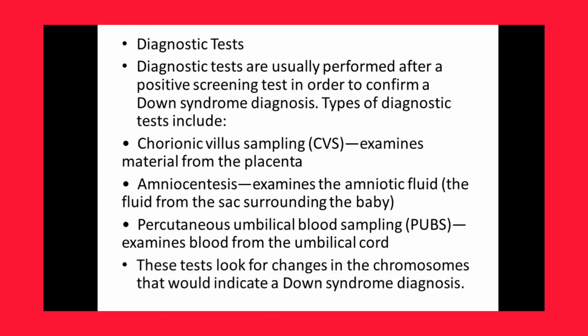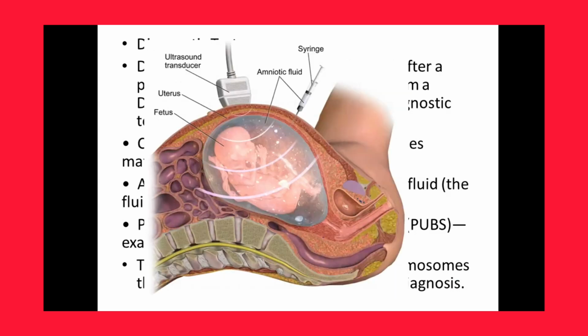These tests look for changes in the chromosomes that would indicate a Down syndrome diagnosis. This is the typical picture. The ultrasound transducer helps to show the picture of the baby in the womb, but the fluid you are seeing is the amniotic fluid that is tested in the lab.